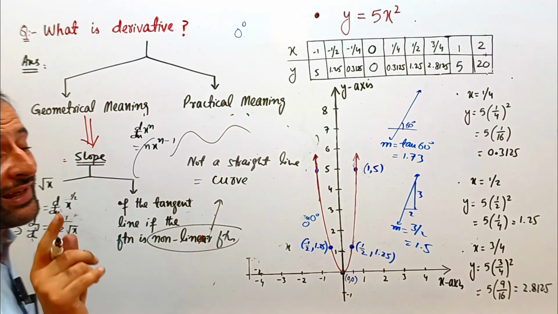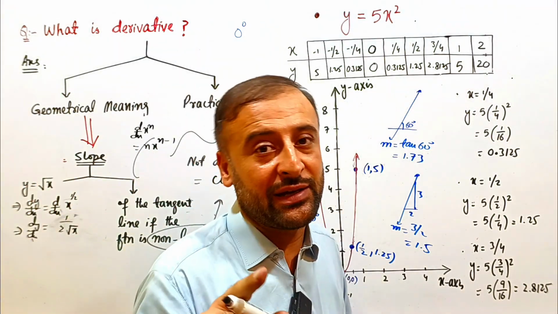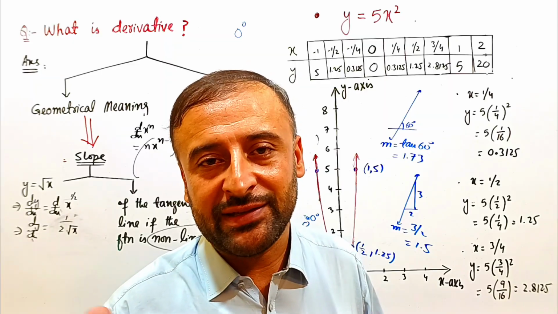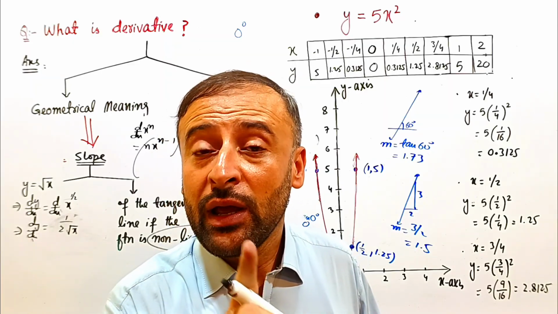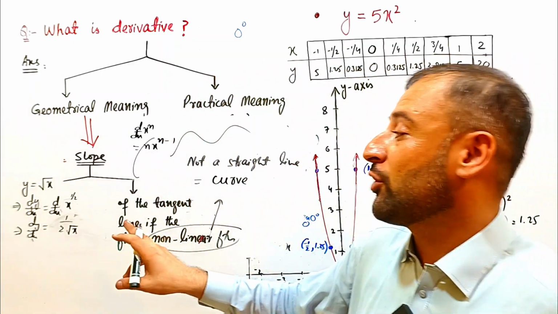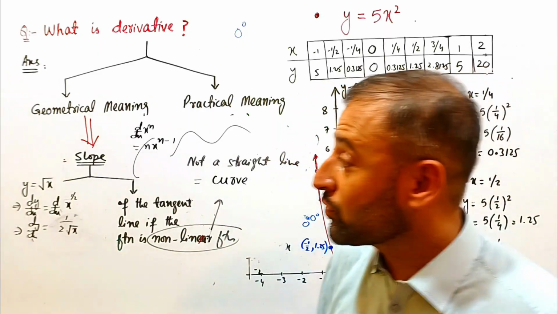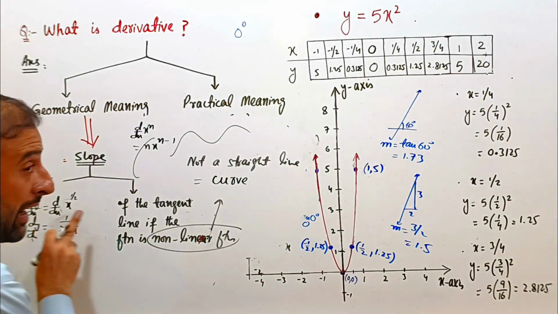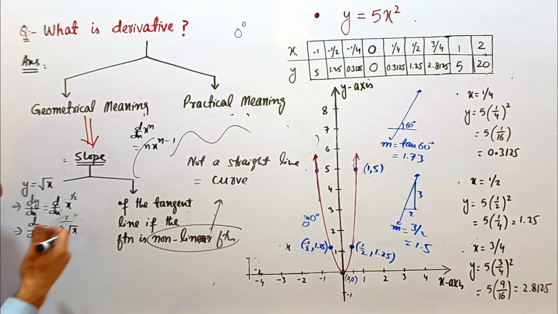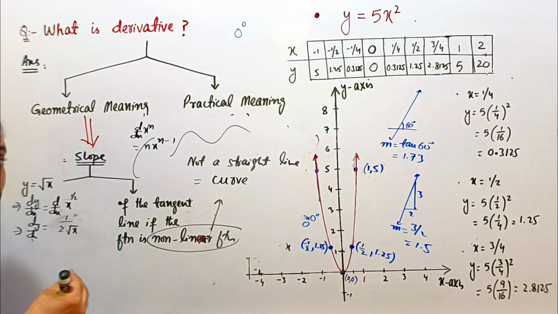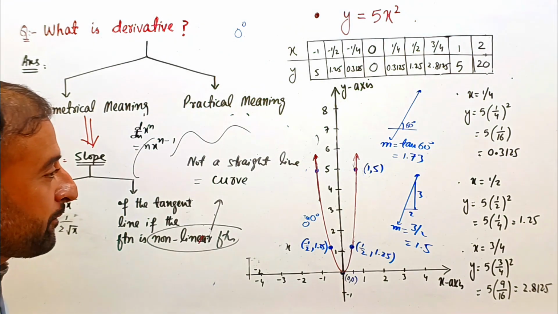There you saw that if the function is a linear function, the derivative will be a number, just a pure number. It will be independent of x. That number will show the slope. Here again we have the derivative, but there we see this thing called x. So of course the derivative depends on x. If you change the value of x, the value of the derivative will change accordingly.